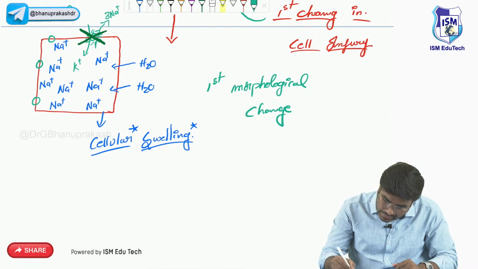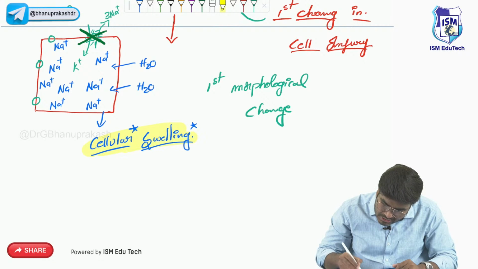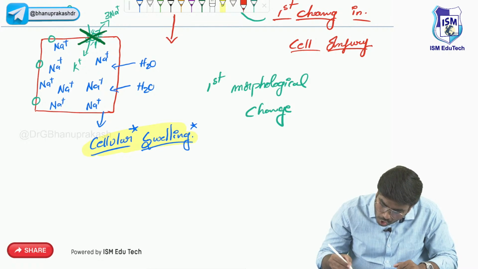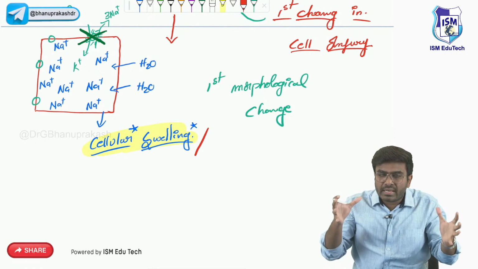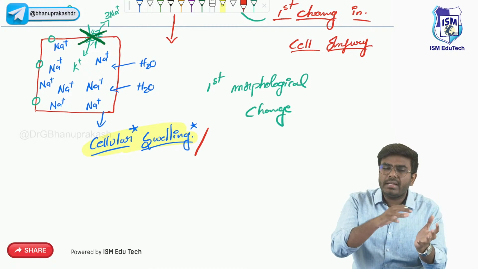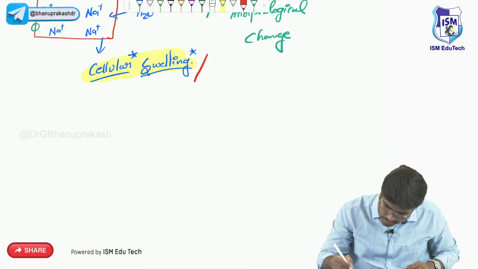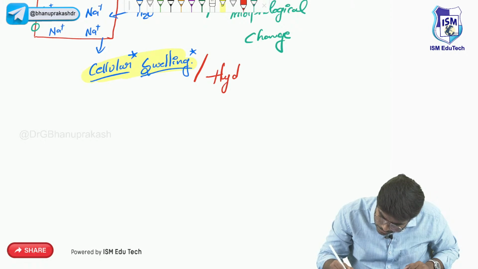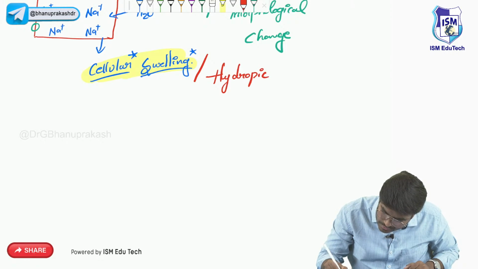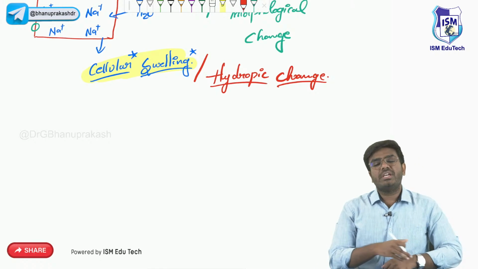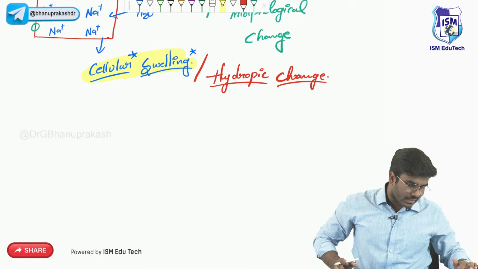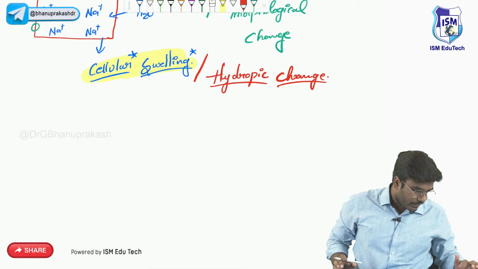Cellular swelling is the first morphological change. It is also called water entering into the cell, so hydro means hydropic change. The hydropic change is the first morphological change seen in cellular injury.